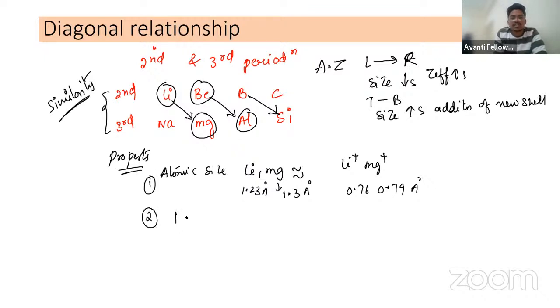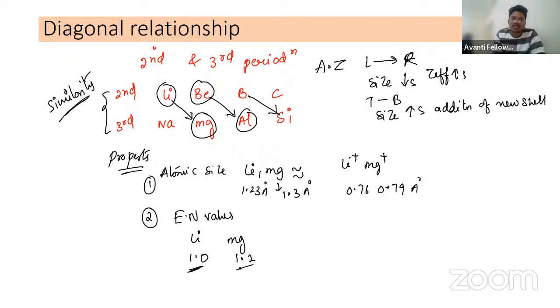Second property, electronegativity values. Lithium and magnesium have very nearly similar electronegativity values: 1 and 1.2. What is electronegativity? The tendency to pull the shared pair of electrons.